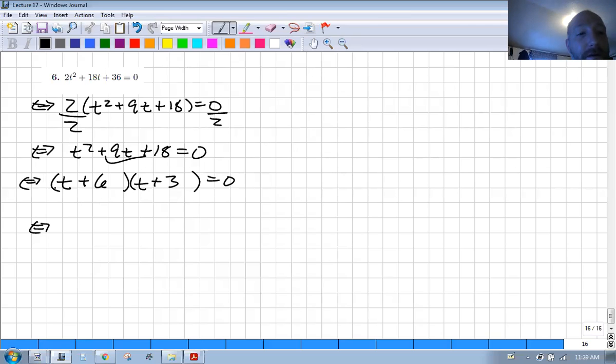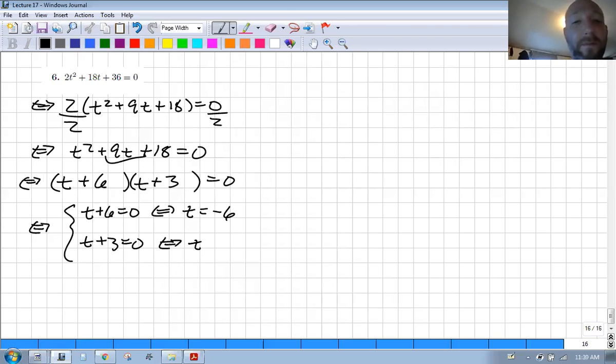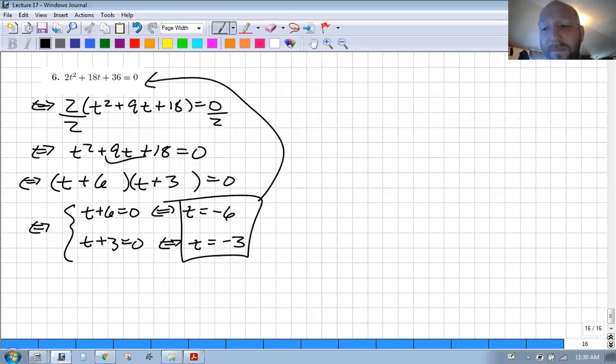So t plus 6 times t plus 3 equals 0 if and only if either t plus 6 is 0 or t plus 3 is 0. So this one tells us t is a minus 6. This one tells us t is a minus 3. So those are our two solutions. And again, we can always plug them in back up here to check our work.